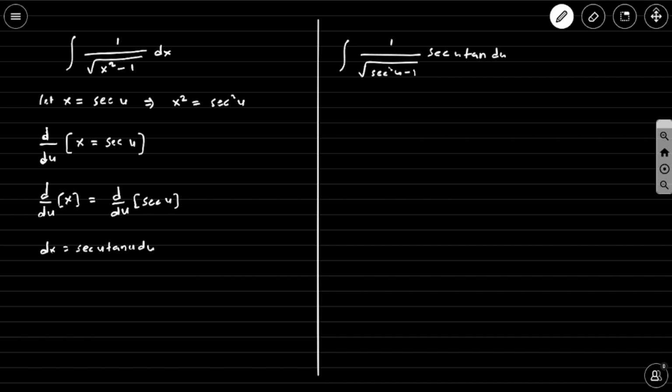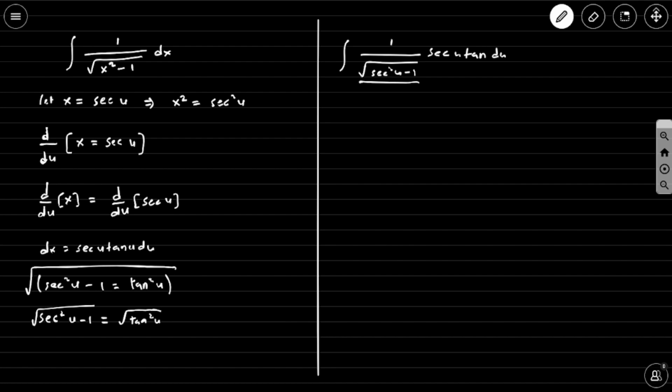Now all the variables are in terms of u, and we're gonna change this value. We know that secant u to the power of 2 minus 1 equals tangent u to the power of 2. If we take the square root of both sides of the equation, we're gonna have square root of secant u to the power of 2 minus 1 equals square root of tangent u to the power of 2.